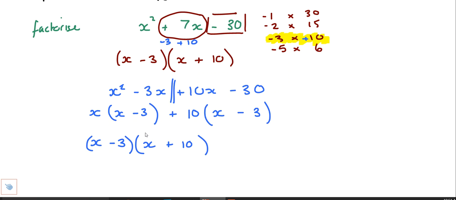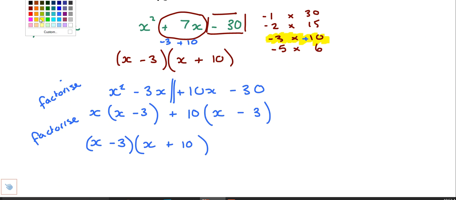That's factorised now. So by splitting the middle term, I factorised once, but then I factorised again. Just to show you, in this case, I've split the middle term, and then I've taken a common factor of x out of this one, and a common factor of 10 out of here, so it becomes minus 3.